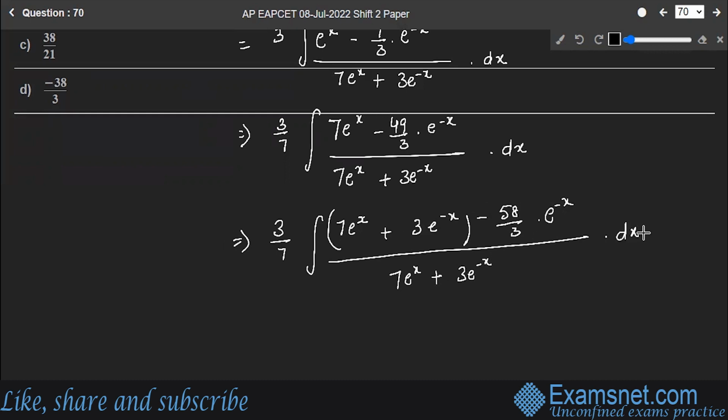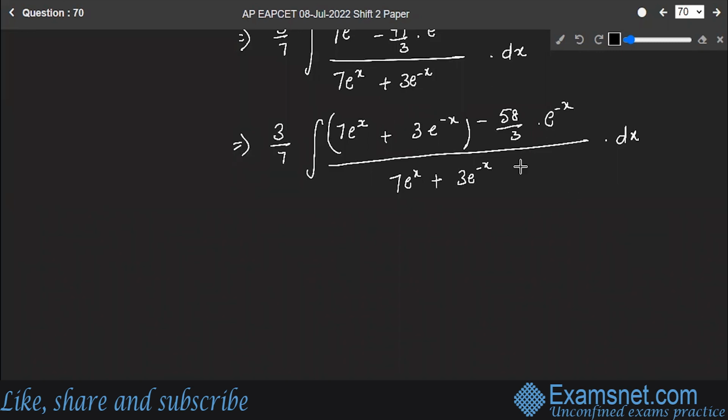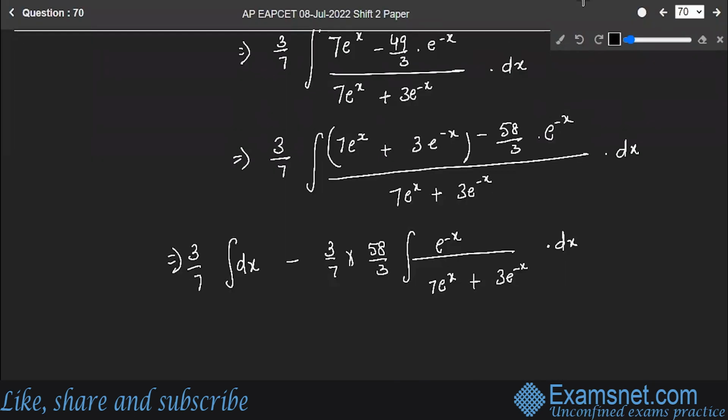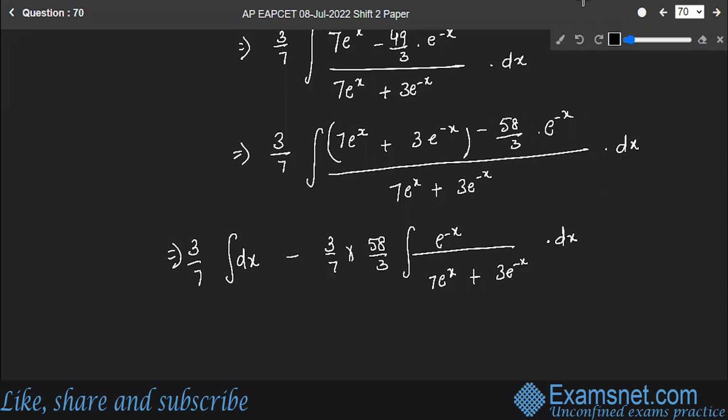Okay, so now I'll open up the brackets. What will happen? I have opened up the bracket, so this is equal to 3/7 ∫dx minus 3/7 into 58/3 times the integral of e^(−x) upon (7e^x + 3e^(−x)) dx. Hope this is clear what we have done till now.